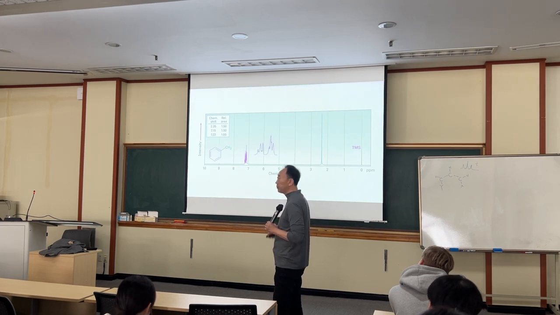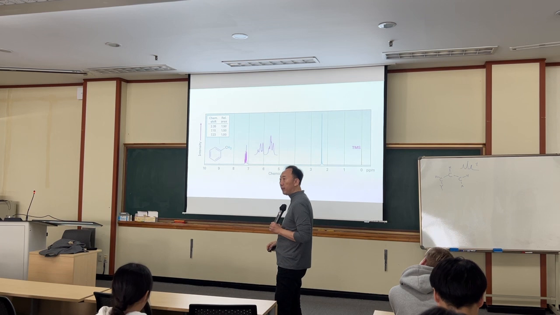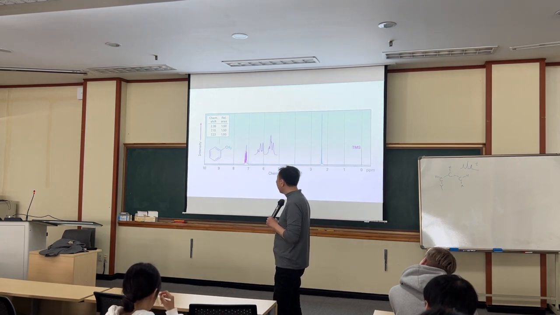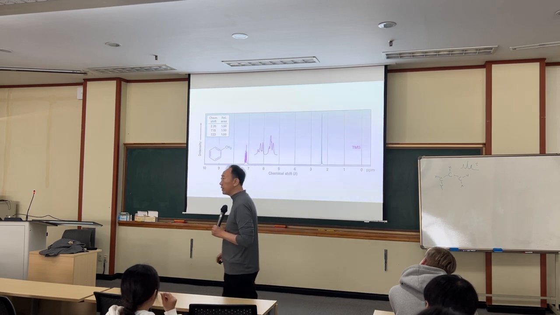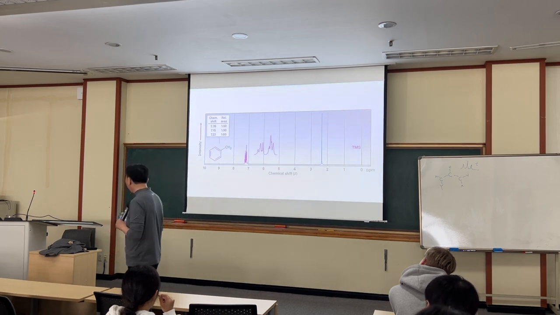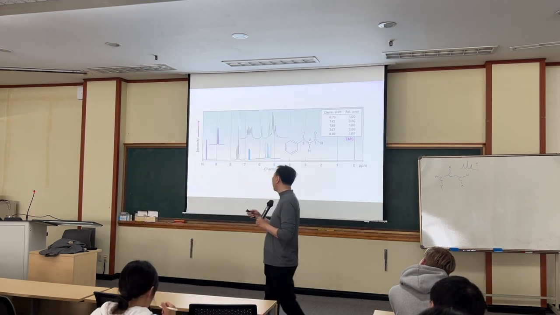How about this one? This one has only 1 nearby, so this one should be a doublet. So you have 2 doublets. And this one is now 1 here, 1 here: doublet of doublets. Not a quartet, not a triplet. Those two can be the same or can be different. That's why it's a little more complicated. This much you don't need to worry about. I will give you only simple problems.